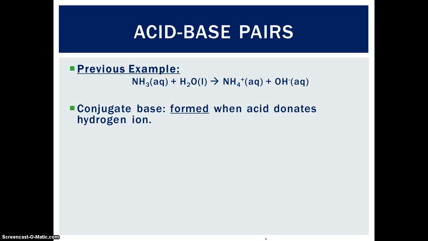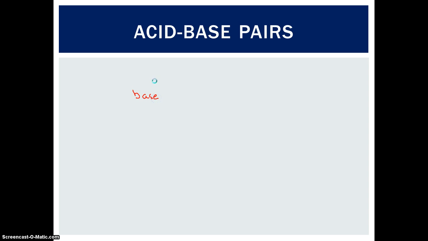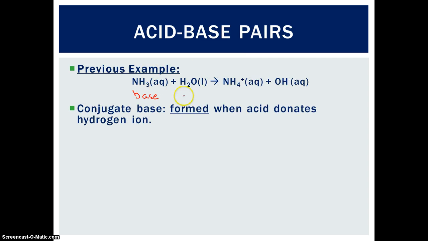Now we talk about these ideas of conjugate base and conjugate acid. The conjugate base is formed, and formed tells you it's a product, when the acid donates a hydrogen ion. Okay, so I already identified this is my acid. What was formed when it donated is my conjugate base.